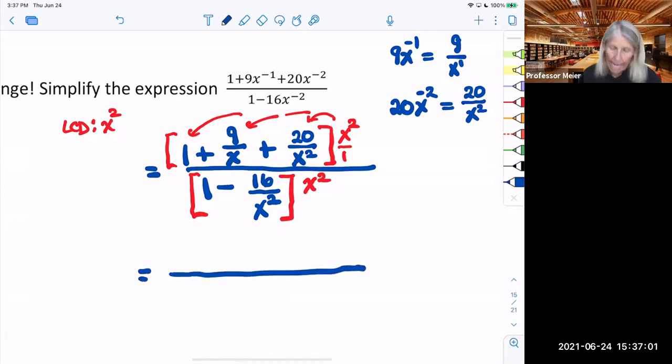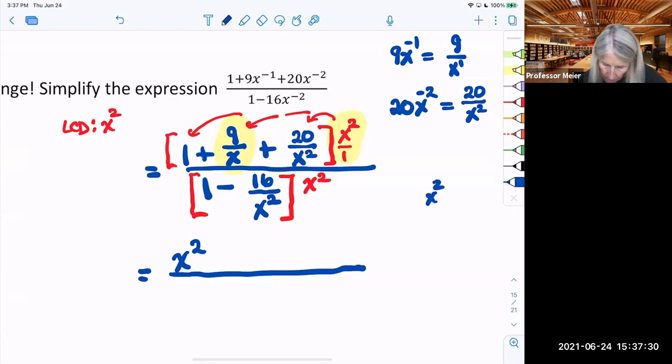What we should get when we're done distributing the x squared to everybody is a nice fraction with no fractions in it. First, x squared times 1 is just 1x squared. Okay, let's do x squared times 9 over x. Maybe over here at the side, let me show you.